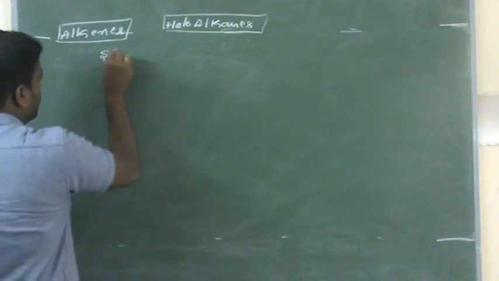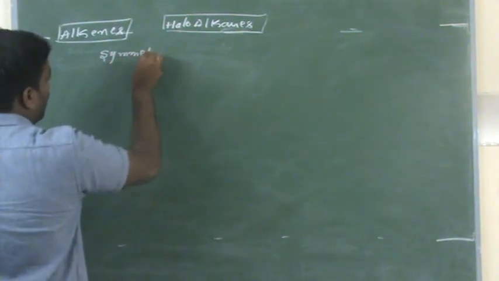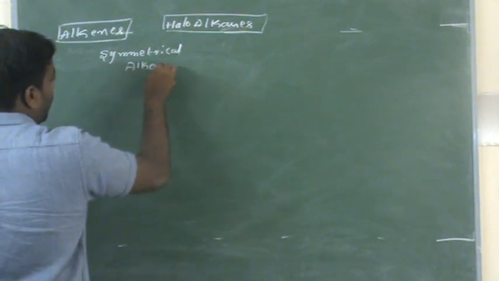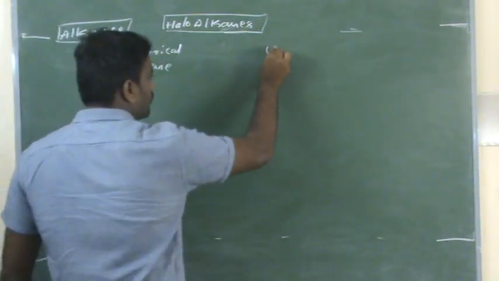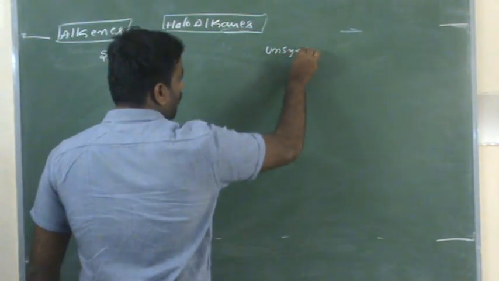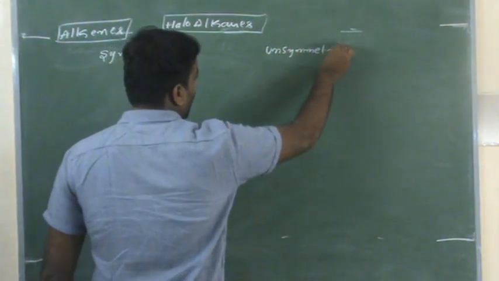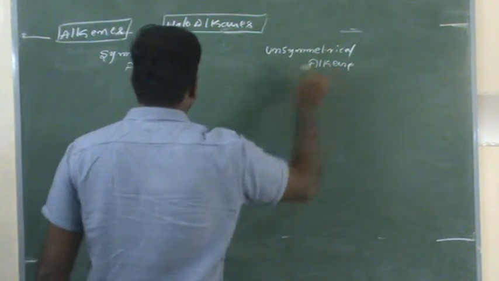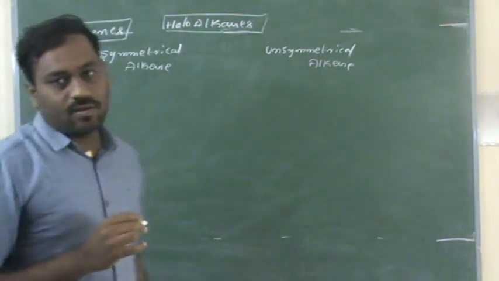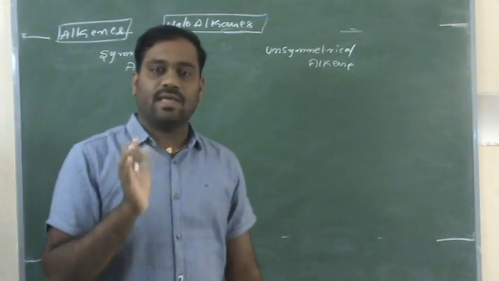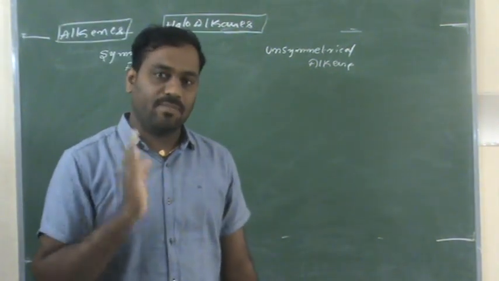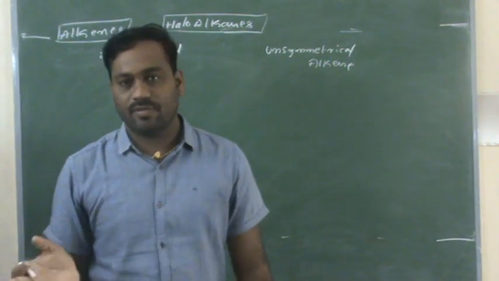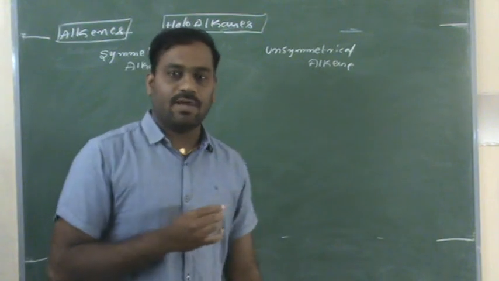Symmetrical alkene means if we cut the double bond exactly in the middle, then it is divided into two equal halves. That is called a symmetrical alkene.